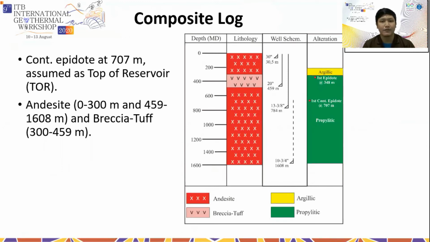And from formation lithology, there are two indications of formation lithology. First is andesite at a depth of 0 until 300 meters and 459 until 1,600 meters, and the second one is glaciative from a depth of 300 until 459 meters.